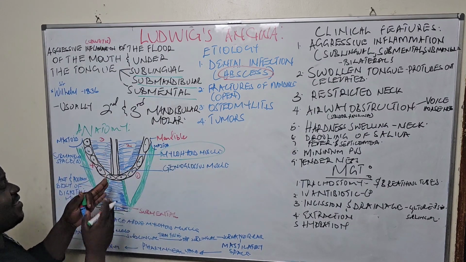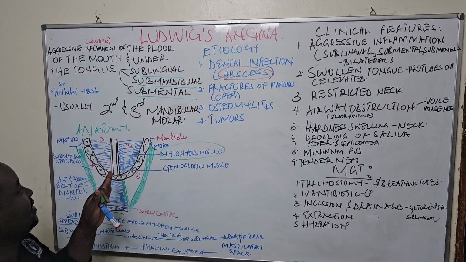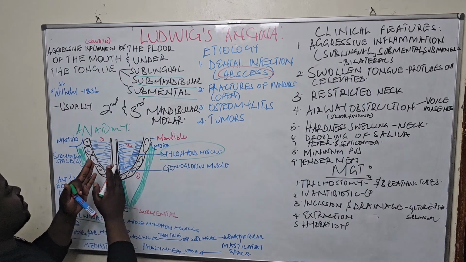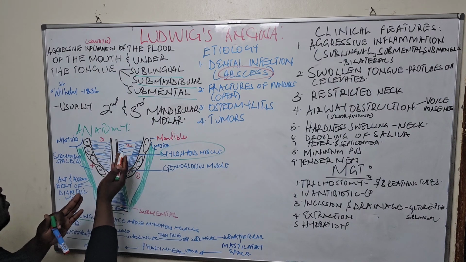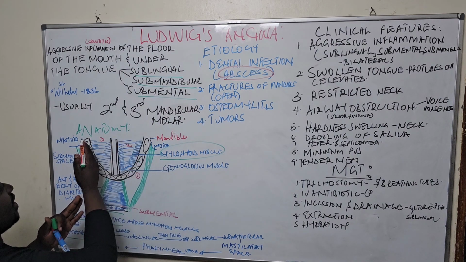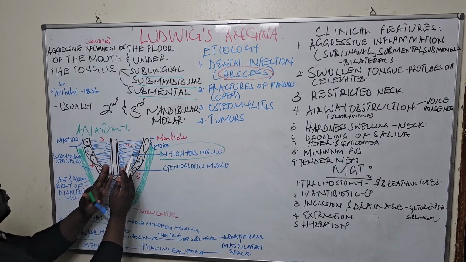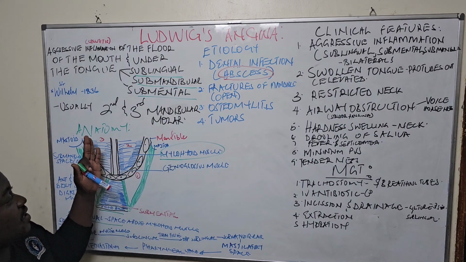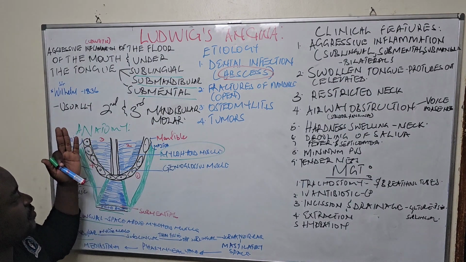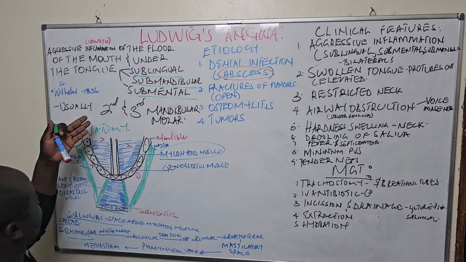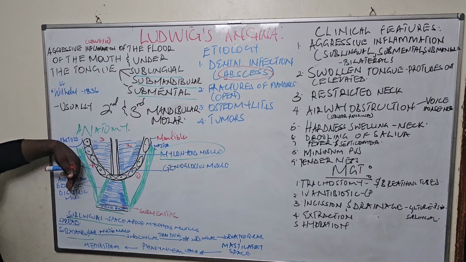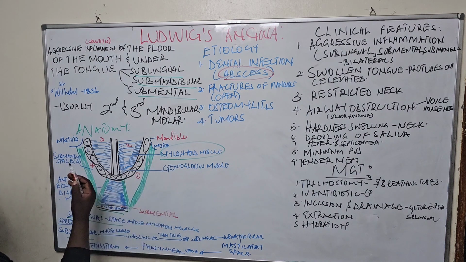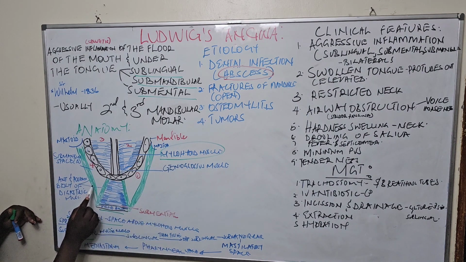Now, there is a very thin tissue between the sublingual space above the mylohyoid muscle of the right side and the left side. And therefore, since we have infection here, it quickly spreads to the right side of the sublingual space. And also, you remember, there is a communication from the sublingual space to the submandibular space through another mylohyoid muscle.